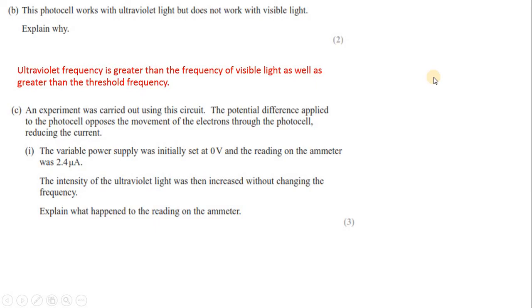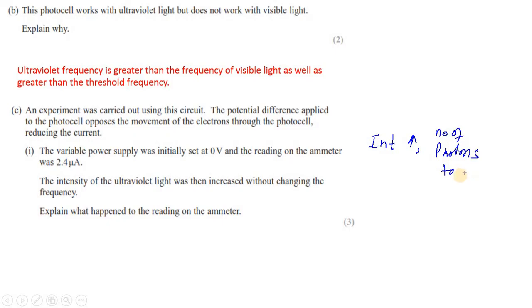Clearly, we have a relation between intensity and the amount of current, because intensity is increased. That causes the number of photons reaching the surface to increase.